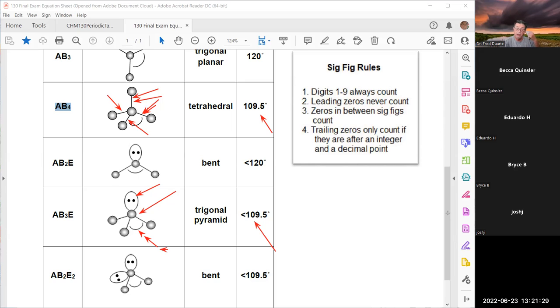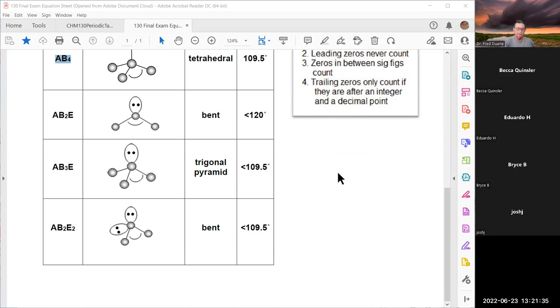And it's even more dramatic when there are 2 lone pairs, like the example we just did with water. Now we have 2 lone pairs, and you have 4 electrons out there that are not bonded. They're going to occupy a lot of space, so this bond angle really gets shoved in to be much less than 109.5.